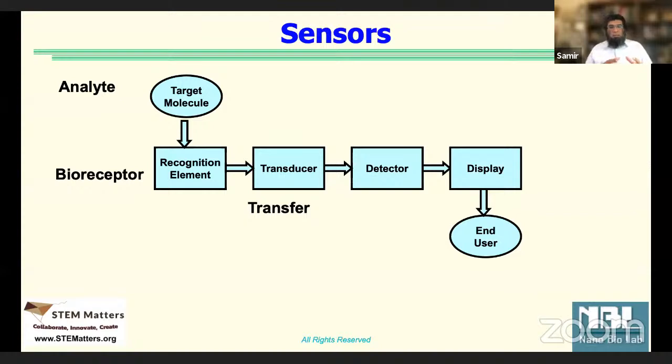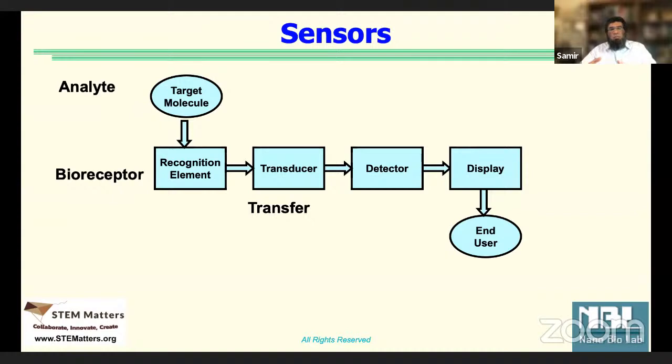And that's an element which would take this signal, this energy, if you can call it that, and convert it into another type. In biosensors, it would change this biorecognition event into a measurable signal. And that signal can be, again, light, heat, pH, all the things.